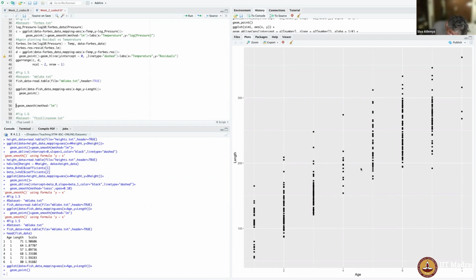Fish have annual rings like trees, and these are used to compute the age. And length, of course, you just measure. So now you can look at the number of rings and then say the age.